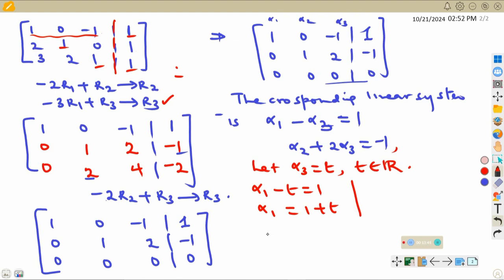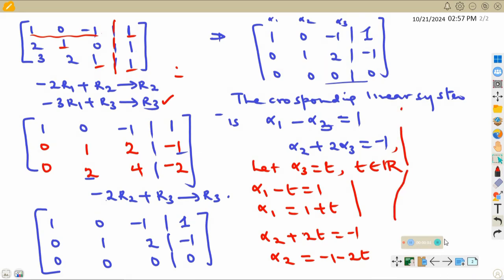When we look at alpha 2 plus 2t will give us negative 1, meaning that alpha 2 is same as negative 1 minus 2t. We have so far obtained the values for alpha 1, alpha 2 and alpha 3, but we can easily see that these values for alpha are in terms of the parameter t.